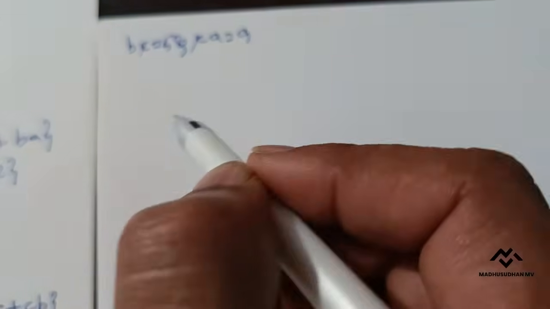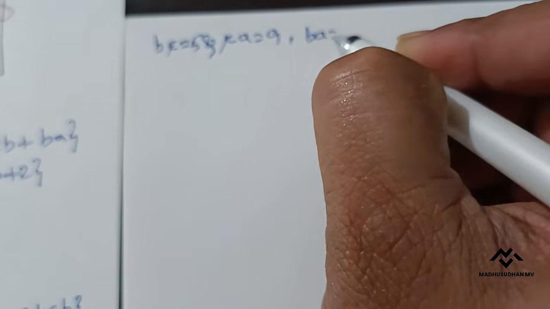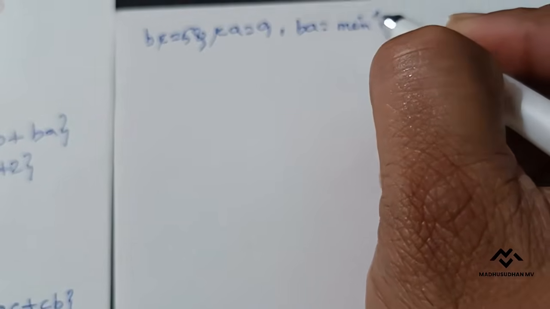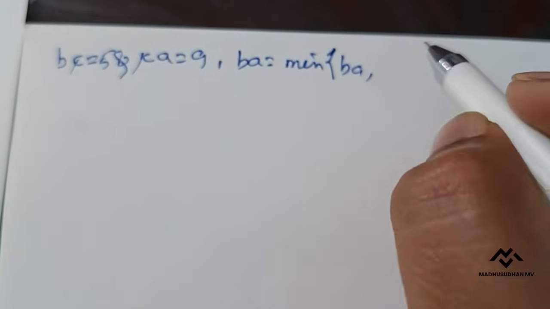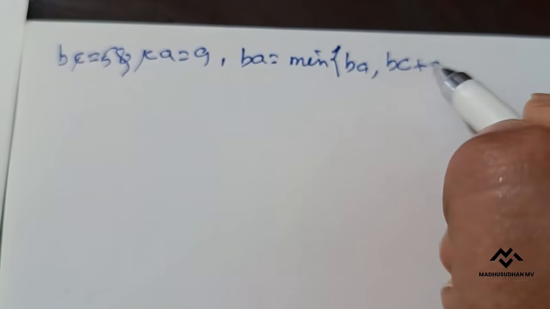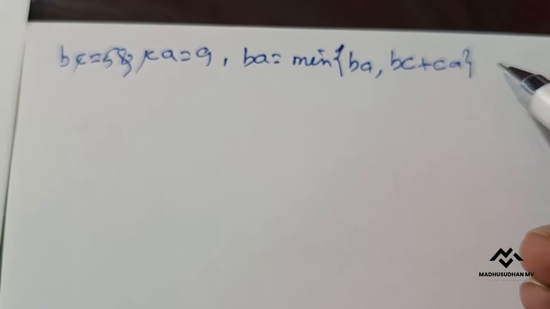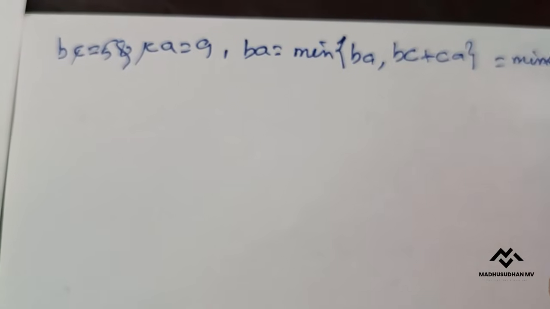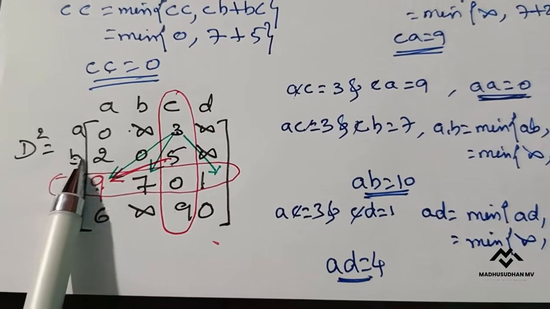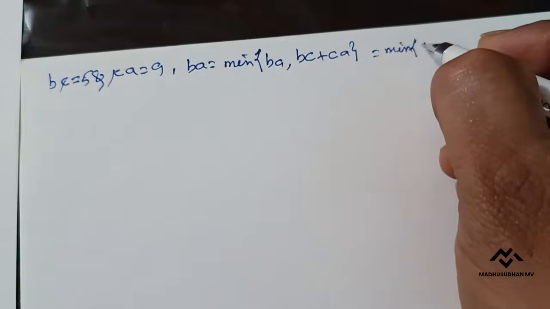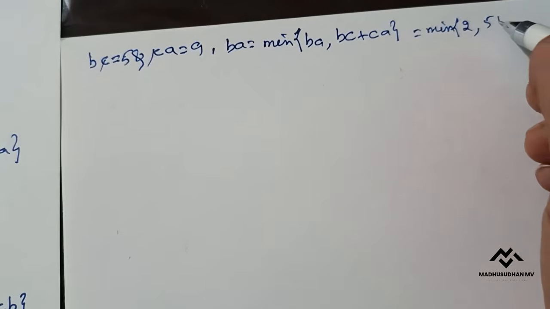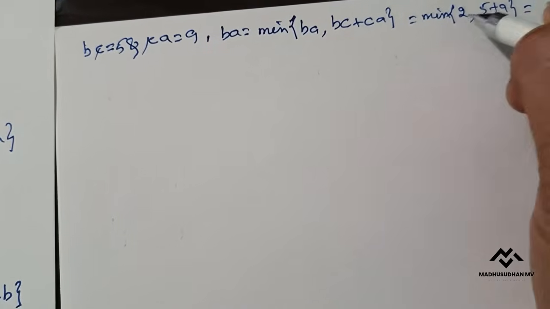So I got B to A. B to A is equal to the minimum of the edge BA, comma the path BC plus CA. So this is nothing but the minimum of BA, which is previously B to A is 2. So I'm getting 2, comma, 5 plus 9, which is minimum 2.